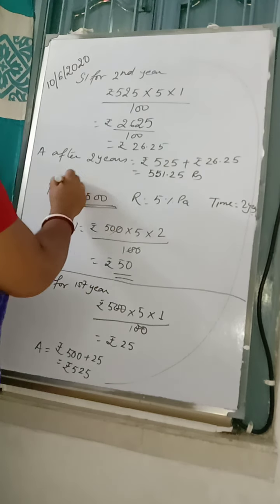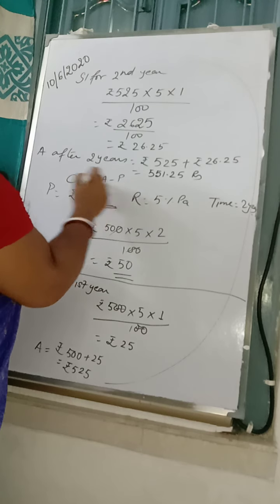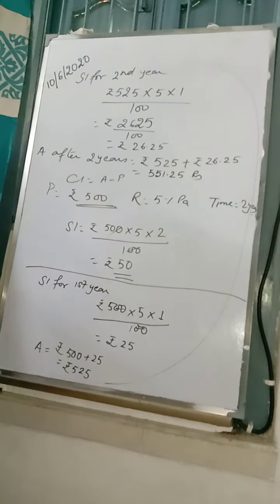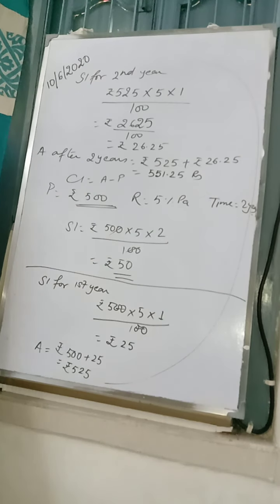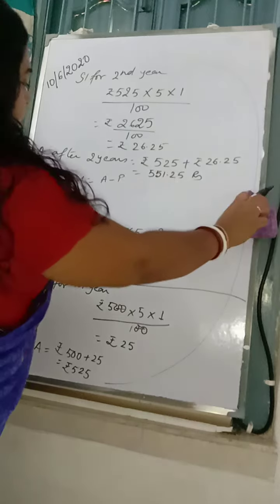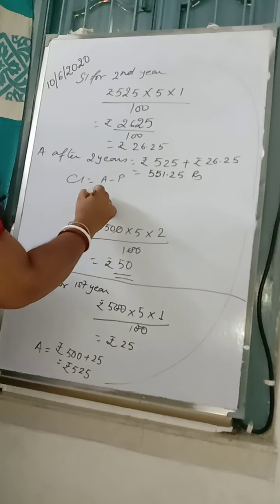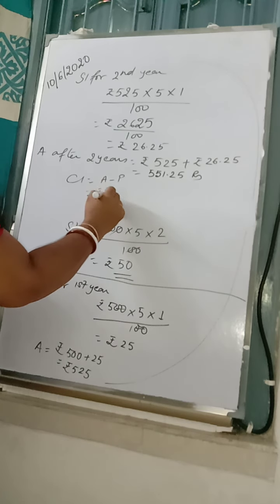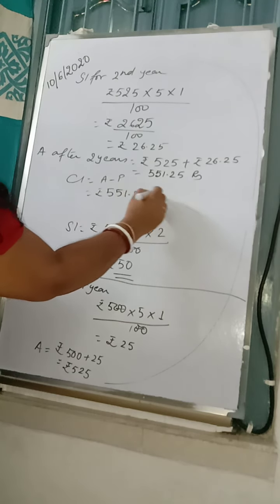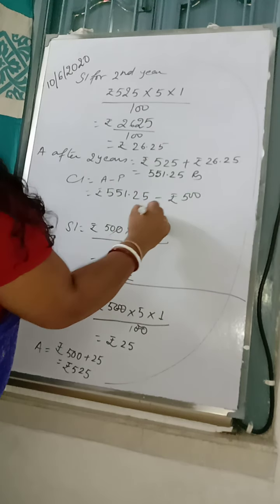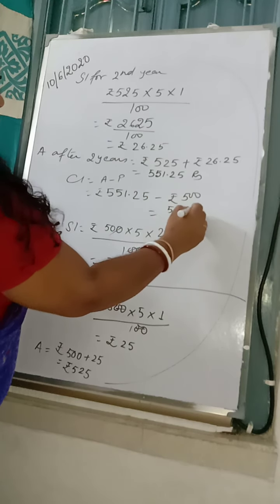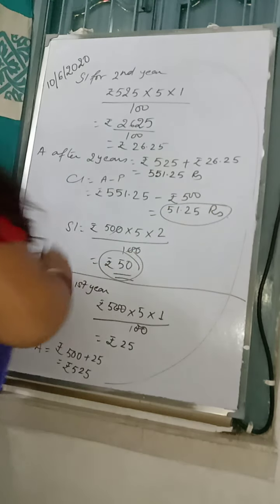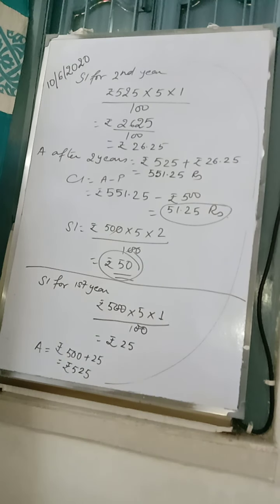CI will be A minus P, so rupees 551.25 minus rupees 500 gives you 51.25 rupees. Now you see, simple interest was 50 rupees, compound interest is 51.25 rupees. Is it more?